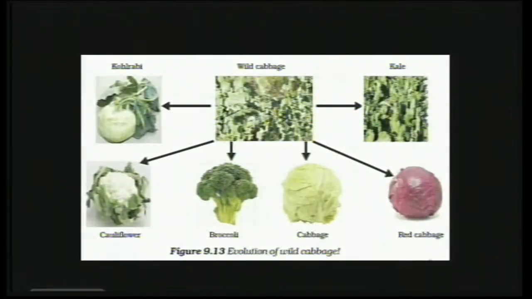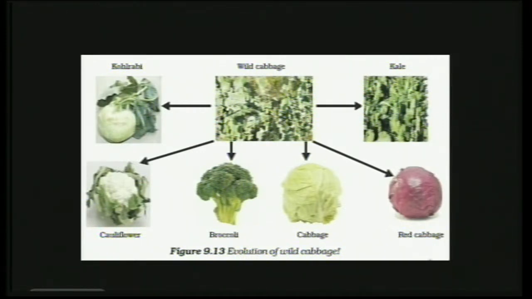Then we also saw how humans have manipulated evolution, in the sense that we have picked and chosen the characters that we wanted. For example, as you can see in this slide, how we manipulated the wild cabbage, and now we have so many different varieties of vegetables coming out of that single wild variety of cabbage.